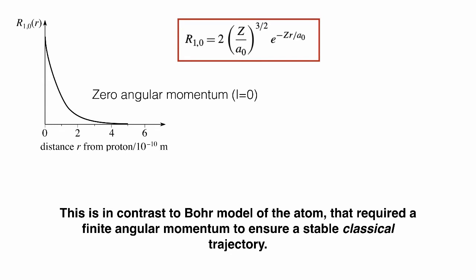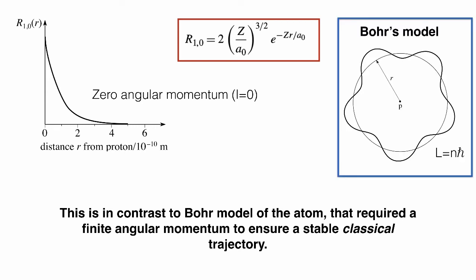So this is the way the wave function looks like. It has, of course, zero angular momentum. It has L equal to 0, and it shows really that even if you don't have an angular momentum, you can have the ground state. And remember, Bohr's model was a very exciting model for the atom, because it could explain the quantization of the energies, but it was actually wrong, in the sense that, as we remember in this blue box, the Bohr model was about quantization of the angular momentum.